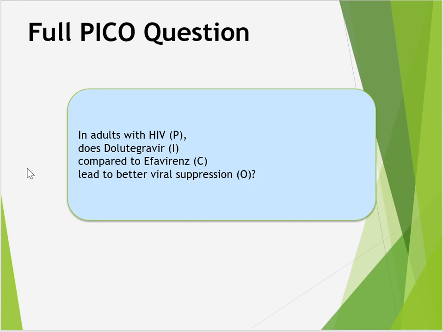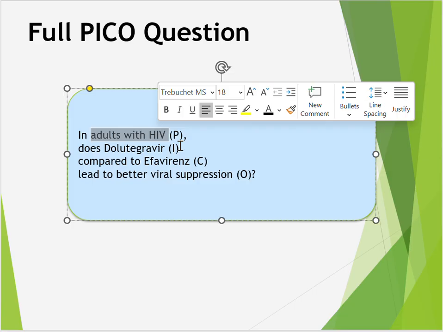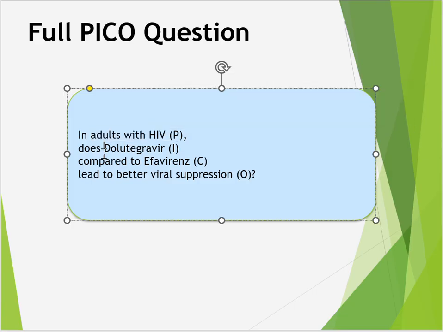In this case, you are able to see that we are talking about adults who are infected with HIV. That is the particular population I'm targeting. And then I'm looking at this particular drug here, the DTG antiviral.